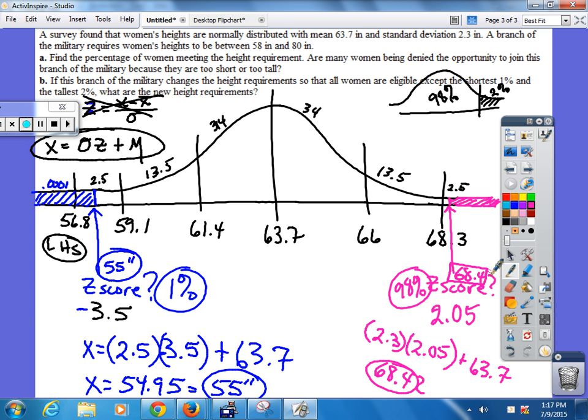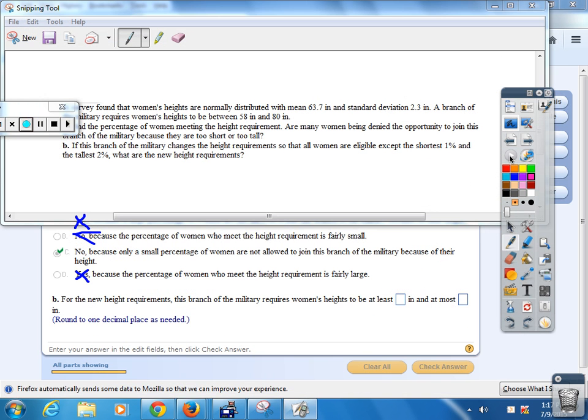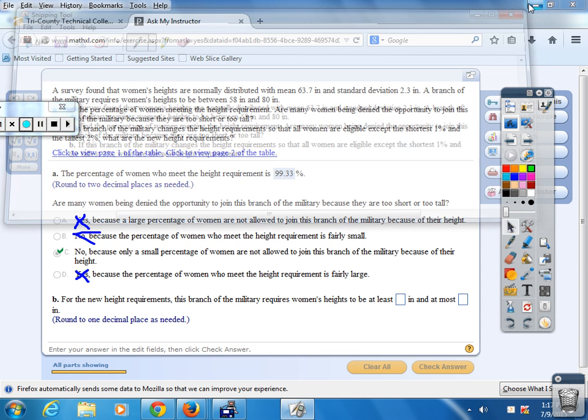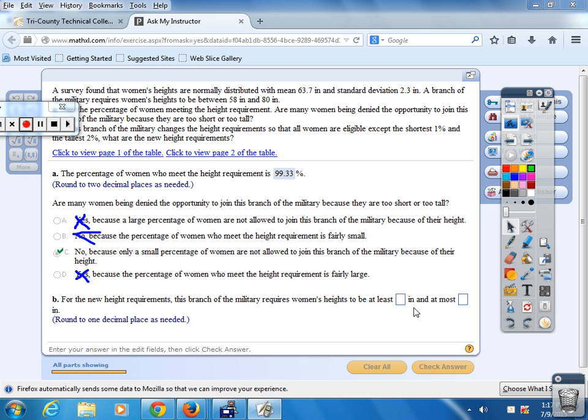So 55 inches and 68.4 inches are your new heights. They probably want it to the whole number or to the first decimal, so that'd be 55 and 68.4.